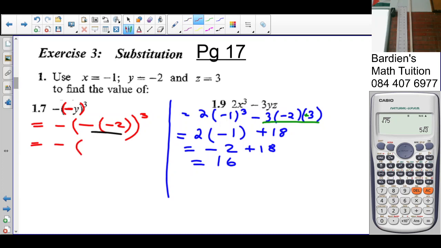So you got negative, open brackets, negative times a negative is a positive. Positive 2, raised to the exponent 3. So let's sort out the exponent now. So it's negative, open brackets, 2 cubed is what? 8. So negative times a positive is a negative. Alright? You guys understand?